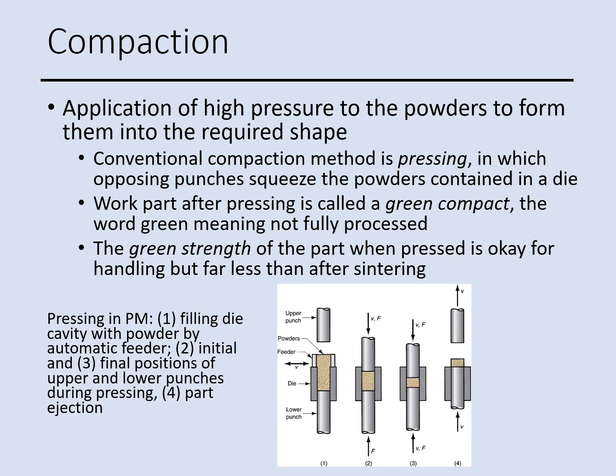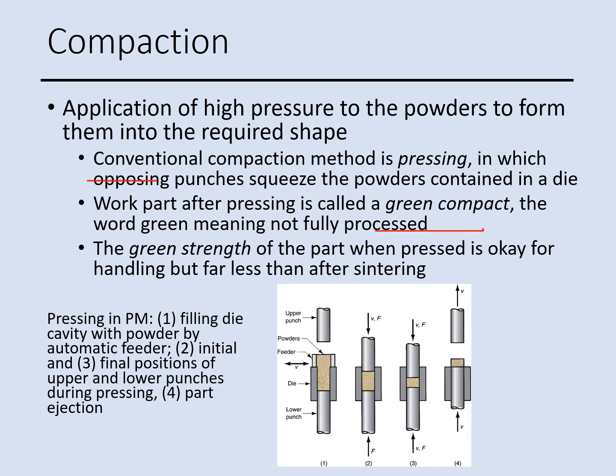Compaction, which is the pressing step, is required to form the powder into the required shape. Basically, what happens is the powders are squeezed together using two opposing punches. Once the powders are squeezed together, we have a green compact, and it is not fully processed yet.